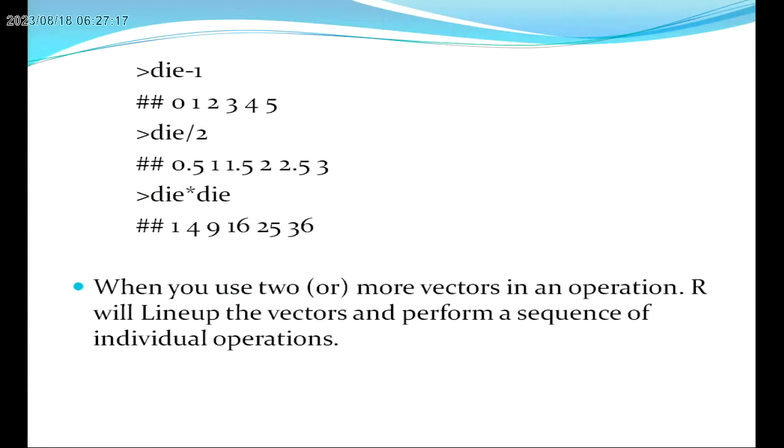When you use two or more vectors in an operation, R will line up the vectors and perform a sequence of individual operations.